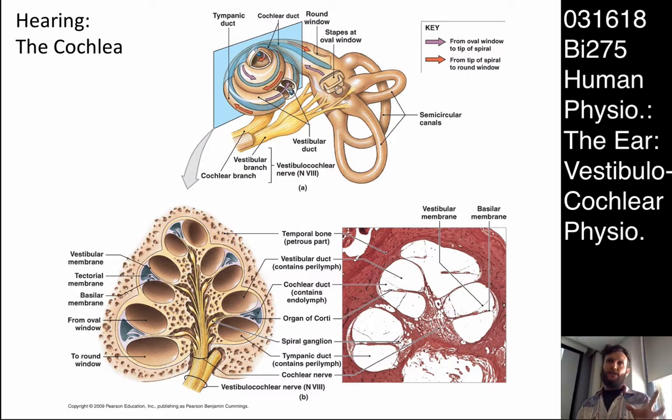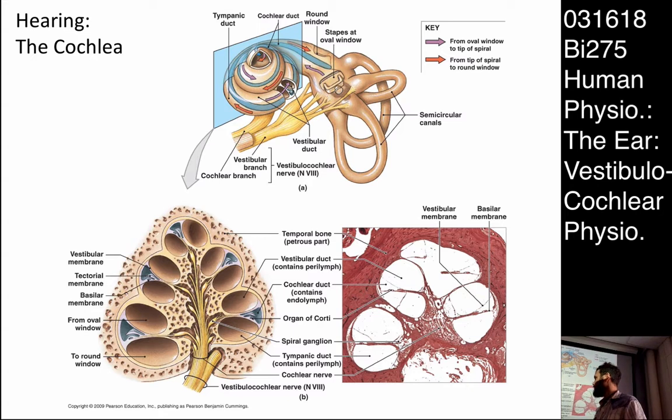The organ of Corti, I said, is where the sensory receptors reside, and we'll see how that works in more detail in a moment. But that sensory information that is gleaned at the organ of Corti then passes to the spiral ganglion. So here are these spiral ganglion cells. You can see one here, maybe some here.